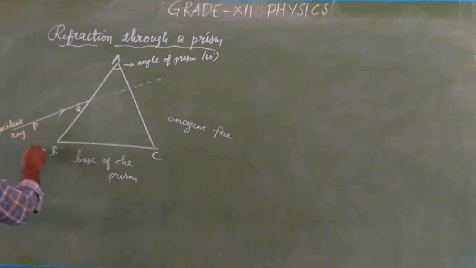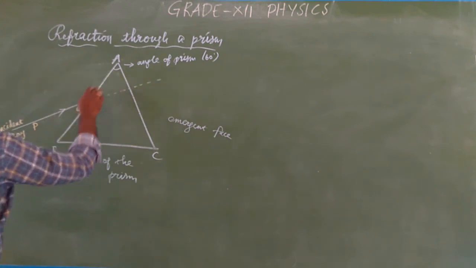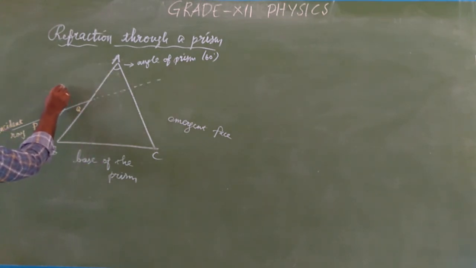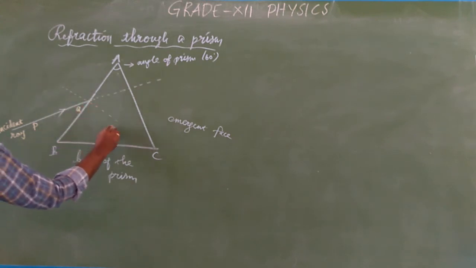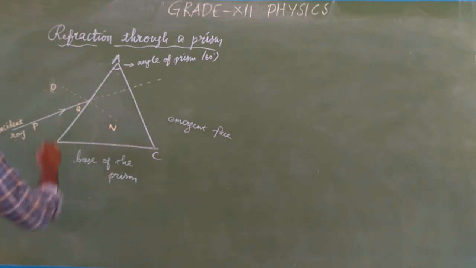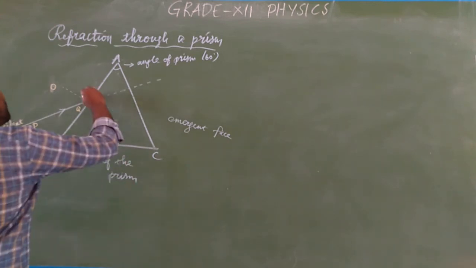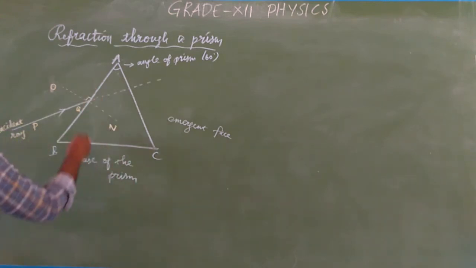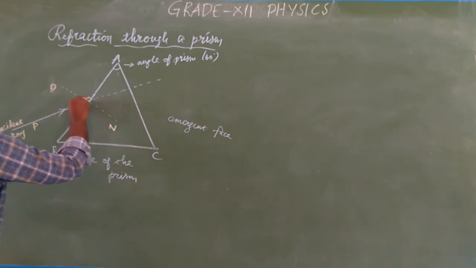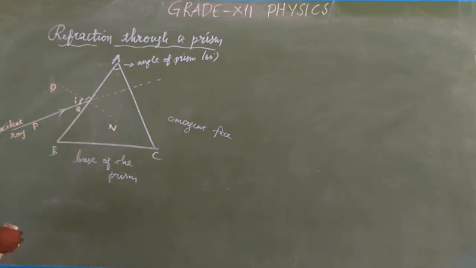This incident ray strikes the face AB at Q. From there you draw a normal, NO. NO is the normal. The incident ray makes an angle to the normal, that is the angle of incidence.